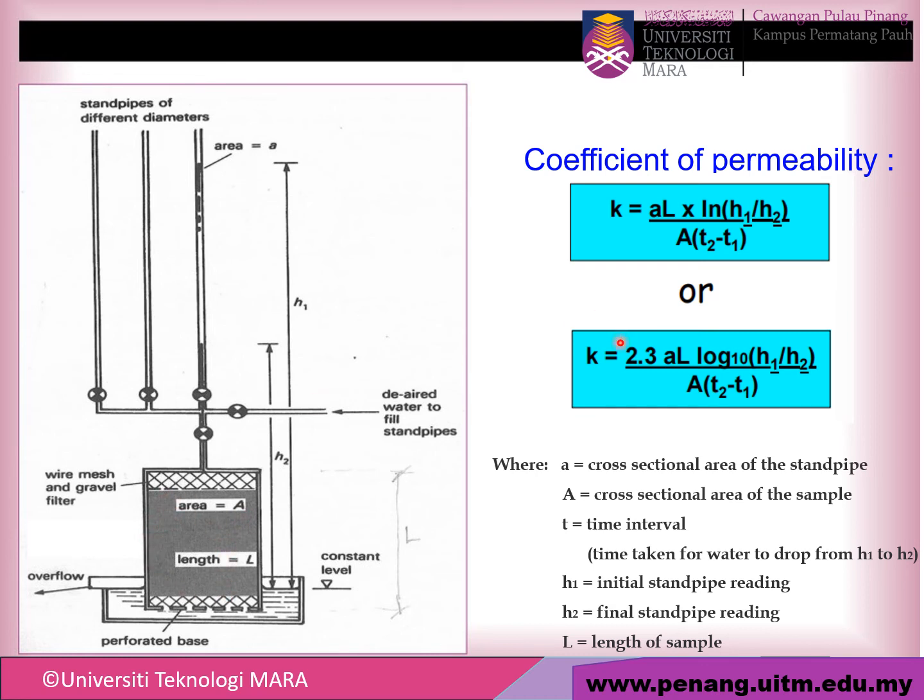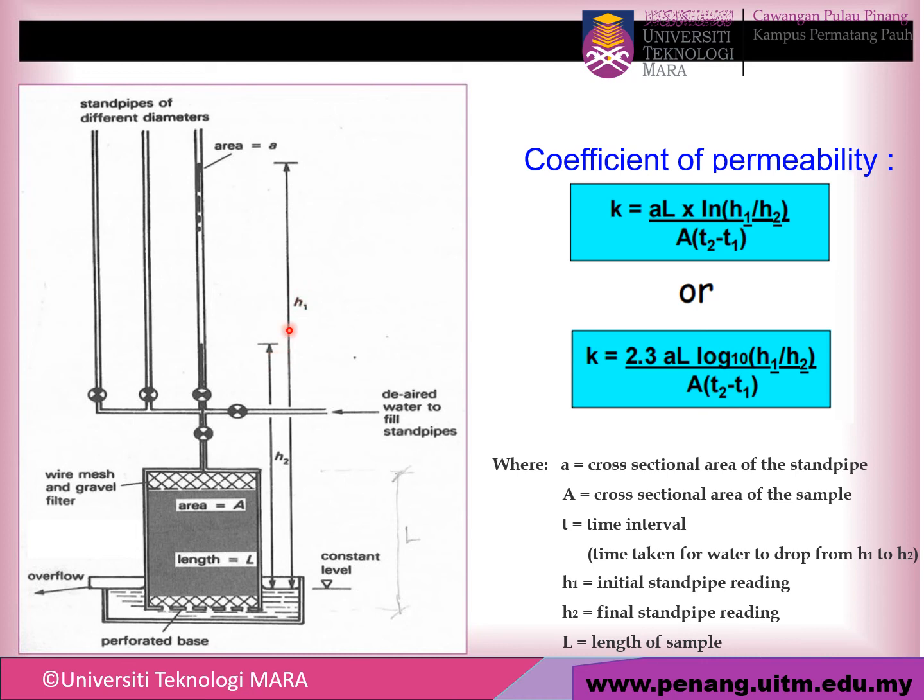Alright, so look at the values of H1 and H2. For example, you start the test from H1, the initial height. After that, you open the valve and let the water go down, then you close the valve and you get the new H2.